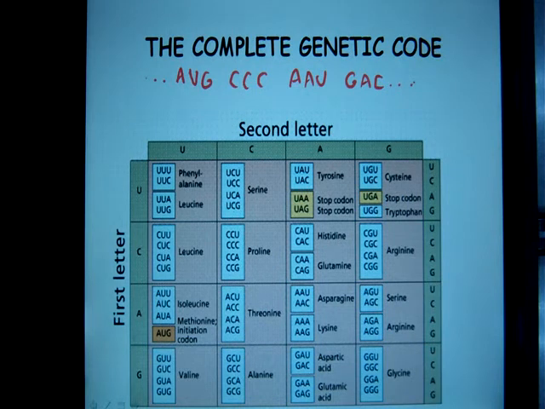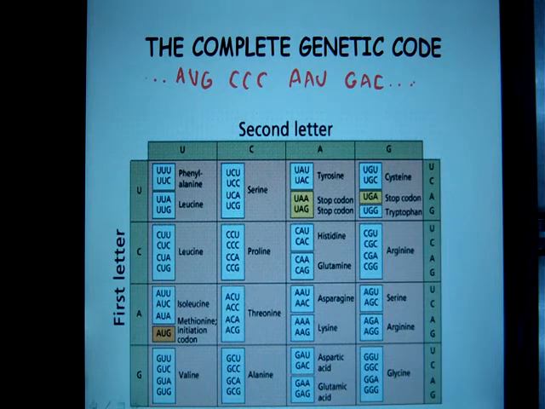Scientists have discovered that every group of 3 nucleotides is called a codon, and every codon codes for 1 amino acid. So I've got 4 codons here, which would code for 4 amino acids.